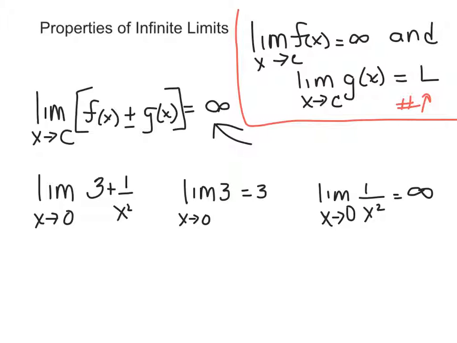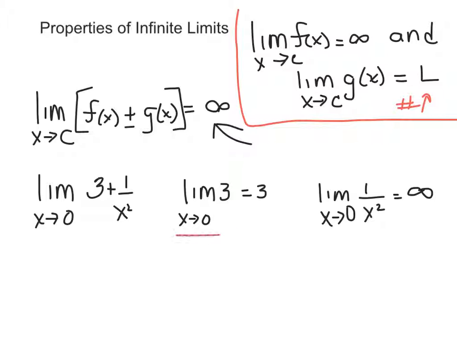So if I gave you the limit of the function 3 plus 1 over x squared, I can split these. We did this earlier in the chapter as well. Remember, we said if you have two parts to the function, you can split them and take the limits of each and then put them back together again. And that's just what I'm doing here. I'm splitting them.